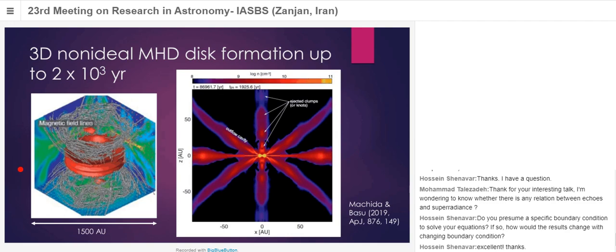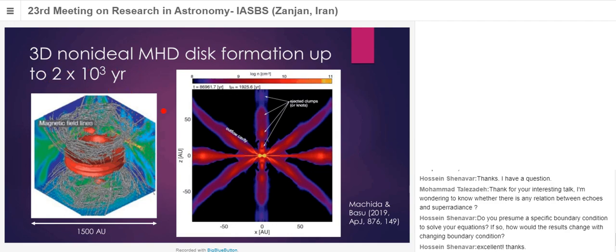In this 3D model, we're resolving the central protostar, 3D magnetic field and magnetic dissipation. The drawback is you can only evolve to, although this is further than has been done before, the previous results of this type were just evolving to just a few years after protostellar formation. So now you can integrate up to 2,000 years.